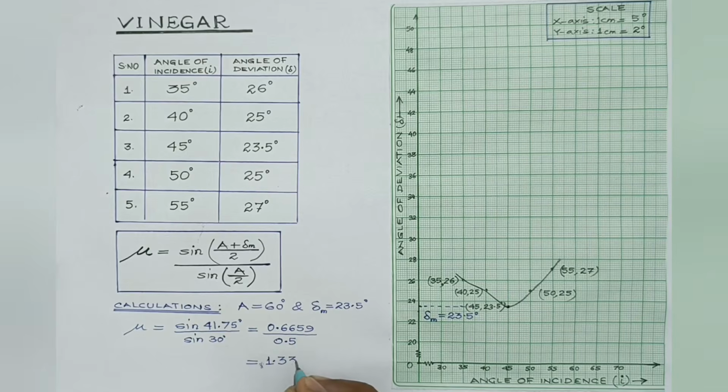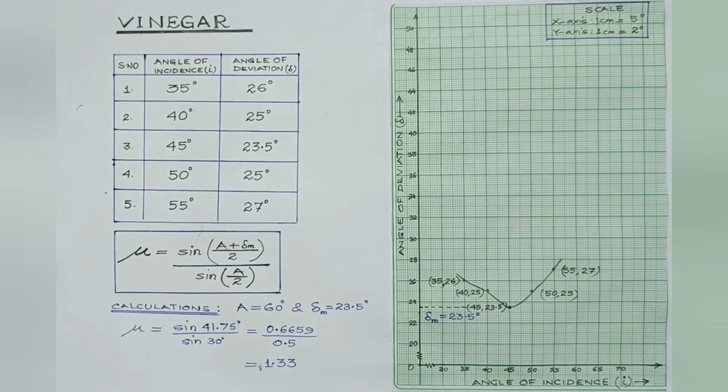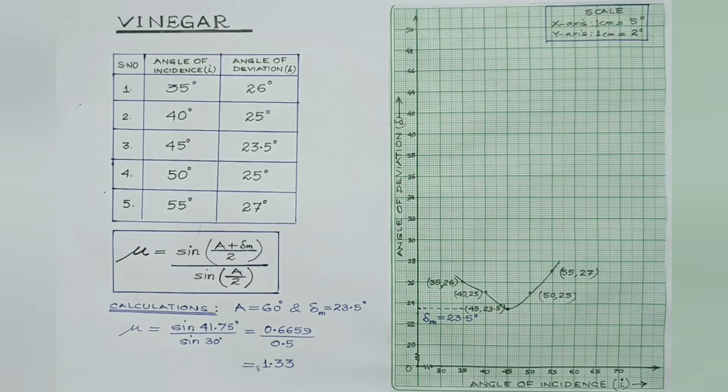Actually, it is slightly less than the refractive index of water, right? So the refractive index of vinegar is almost the same as that of water. So this is how the refractive index of different liquids which we fill in the hollow prism can be determined experimentally. This is what we have done, the entire investigation, studying the refractive index of various liquids and plotting graphs between the angle of incidence and the angle of deviation.